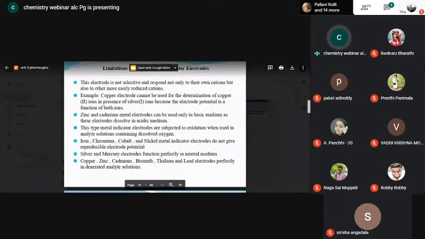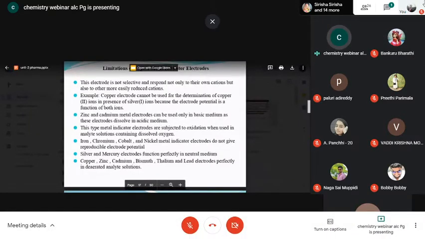Now what you are going to do is, into this copper sulfate solution, add a small quantity of silver ions. Now again you dip the copper rod into the beaker. Again the copper indicator electrode is going to develop a potential. That potential should be how much?